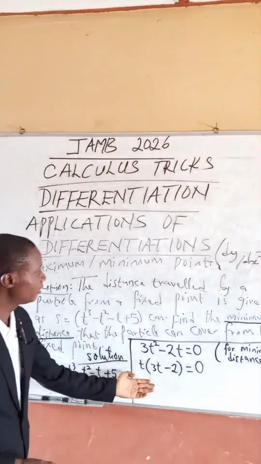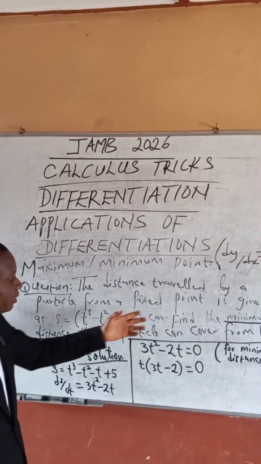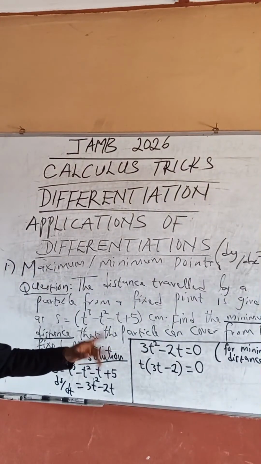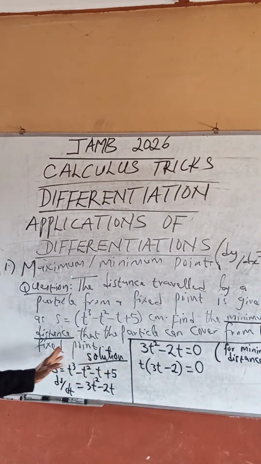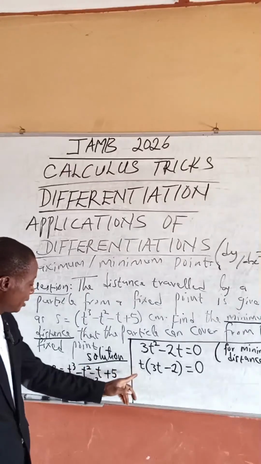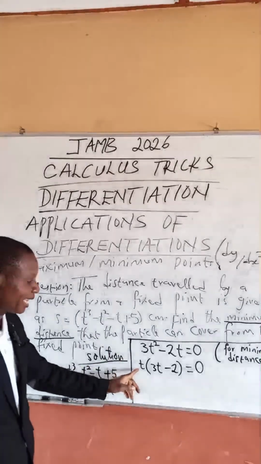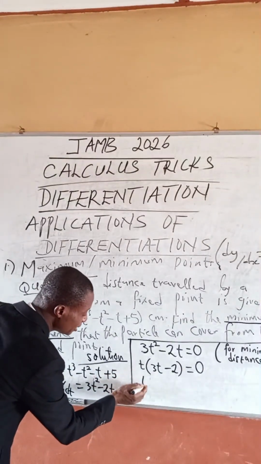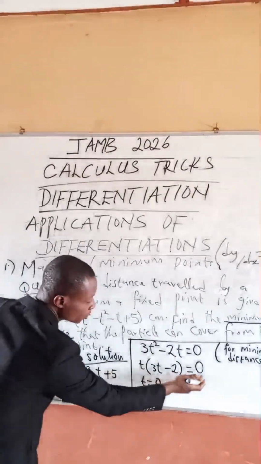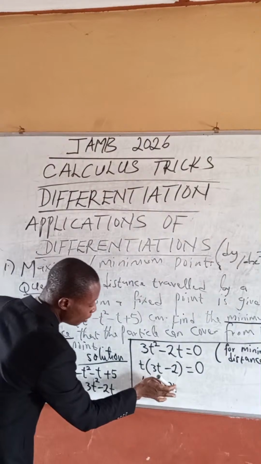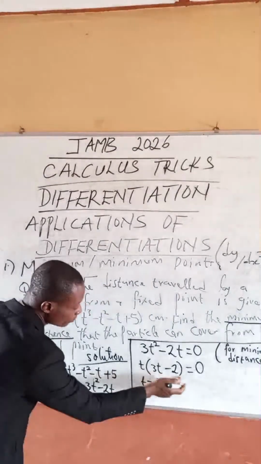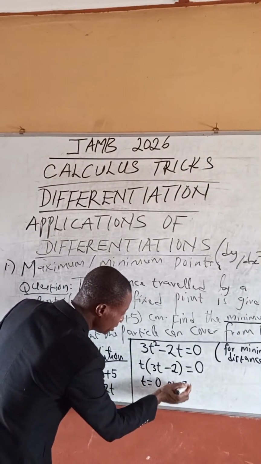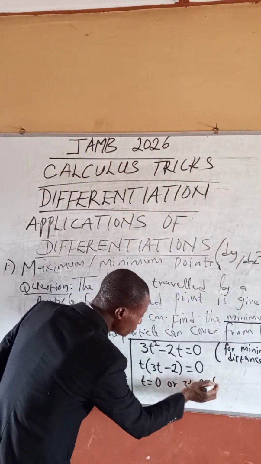You see that? So the distance traveled by a particle from this is this. Find the minimum distance that the particle can cover from the fixed point. So we are looking for the minimum distance, not the time. But this is time, right? So what is t? t is equal to 0, or this t: 3t minus 2 is equal to 0.